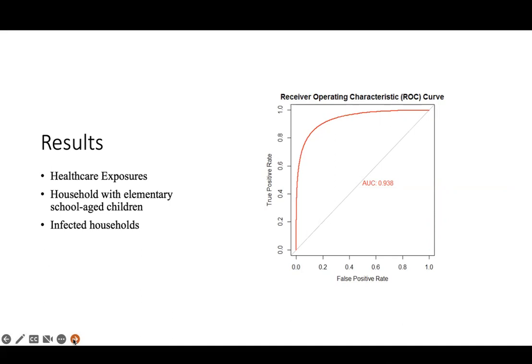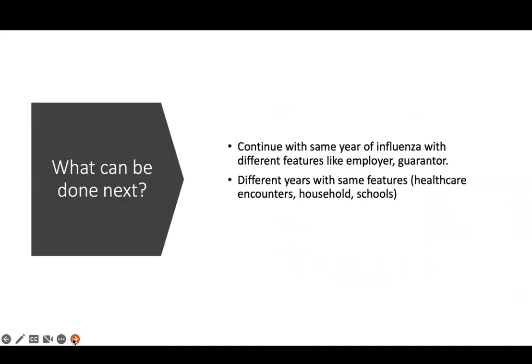In future, we can look at other interactions using the employer information or guarantor payer information within the same year that we have tested right now. Or we can look at different years with the same features we have generated. These are the next steps that can be done.